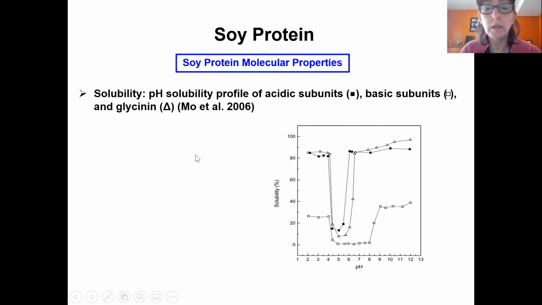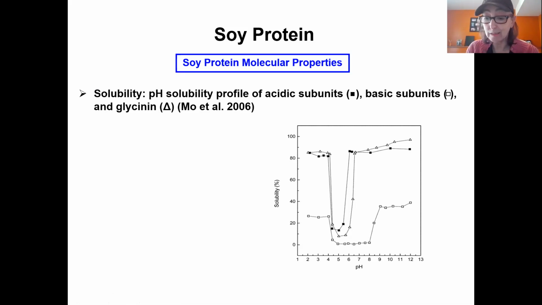So what we see here is that the acidic subunits follow a similar trend to the entire glycinin fraction, whereas the basic subunit has very low solubility over a much wider range of pH. So the isoelectric point is very, very wide.